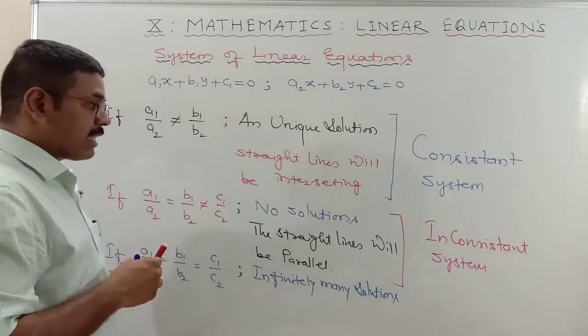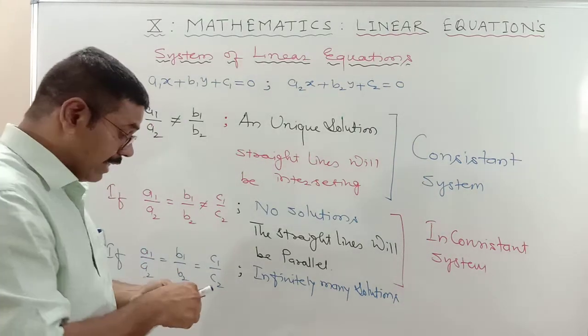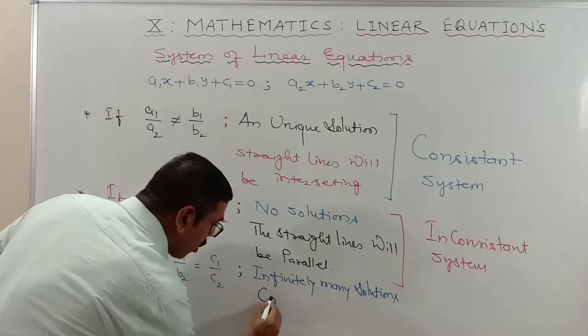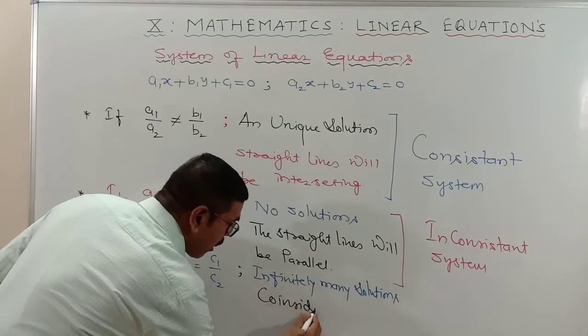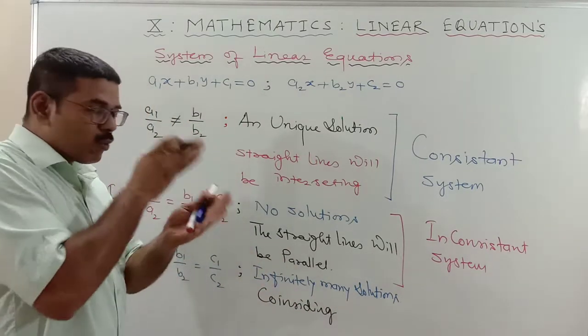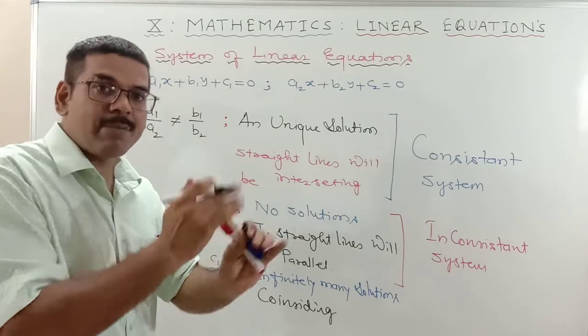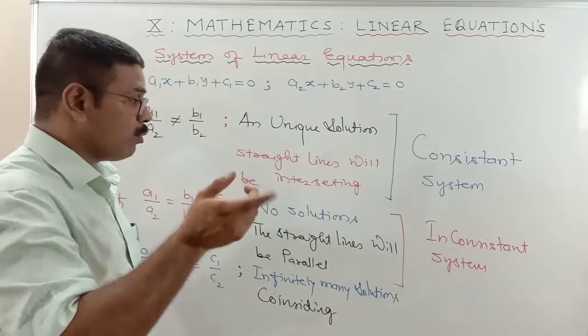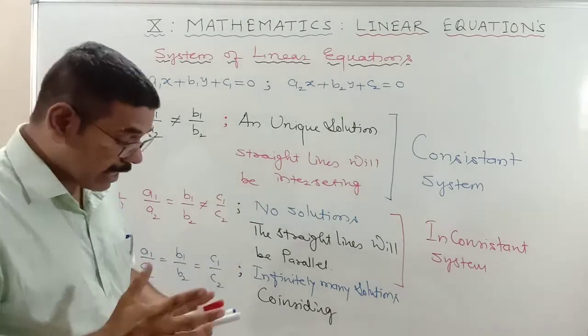Okay, in this case the lines will be coinciding. The lines coinciding means exactly it will be a single straight line. Both the equations will be just expressing a single straight line.